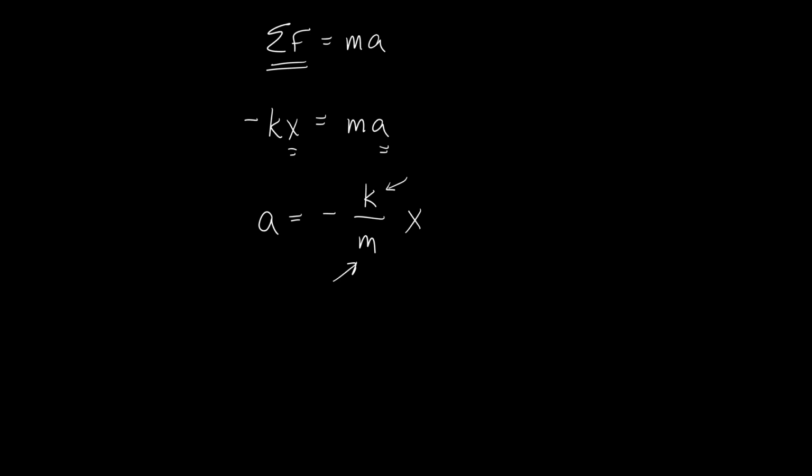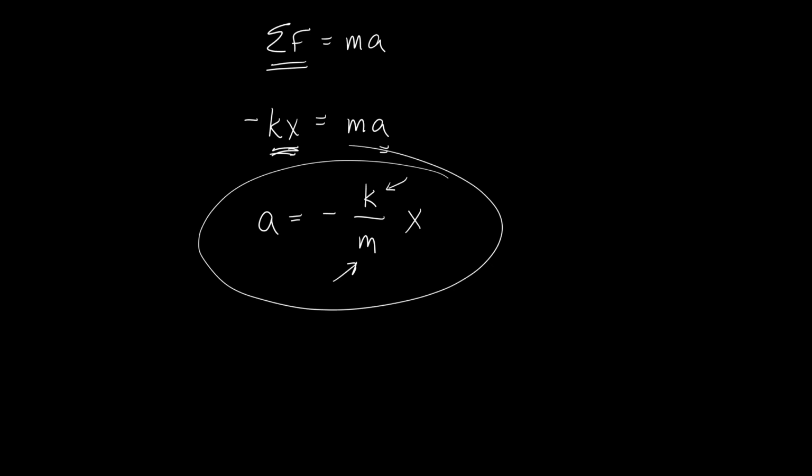If you ever get a relationship that looks like this, it will oscillate. And I want to be very clear, it will be a simple harmonic oscillator. If you have something that has a linear function like this, where the force gets bigger with position, it will automatically produce an acceleration that will always cause simple harmonic motion. Always. So when you're studying forces, if something looks like this, it's an oscillator.